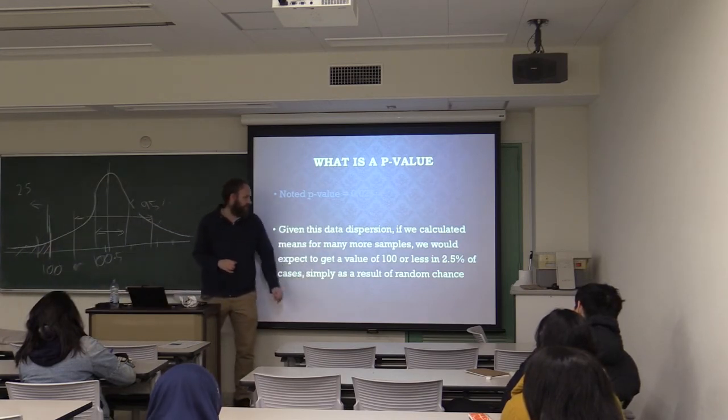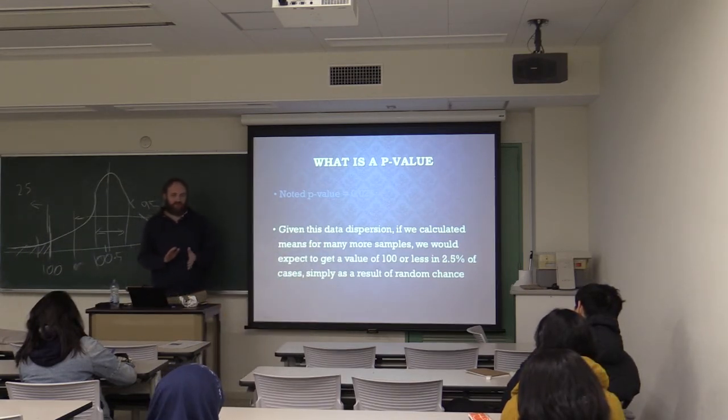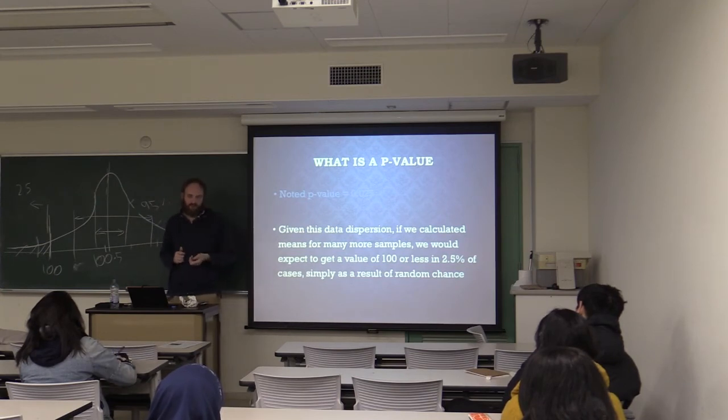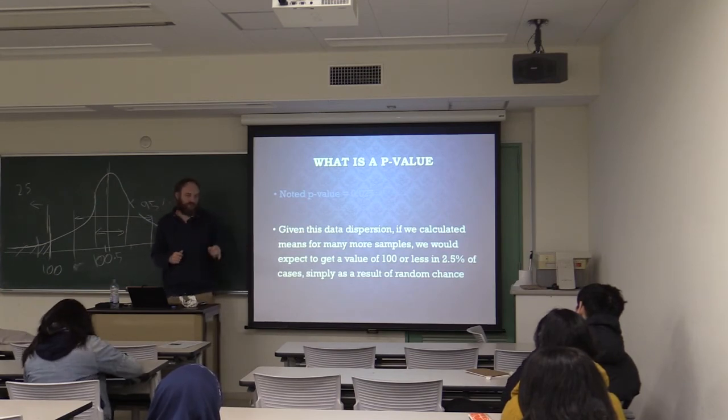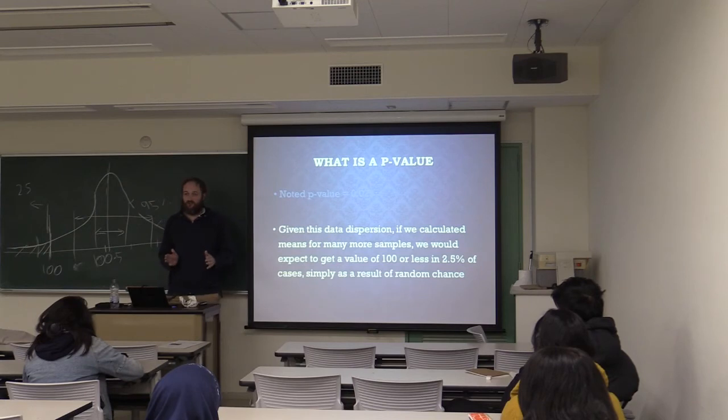So given our data distribution, if we calculated the mean many more times, we would expect to get a value of 100 or less in 2.5% of cases, just as a result of random chance.